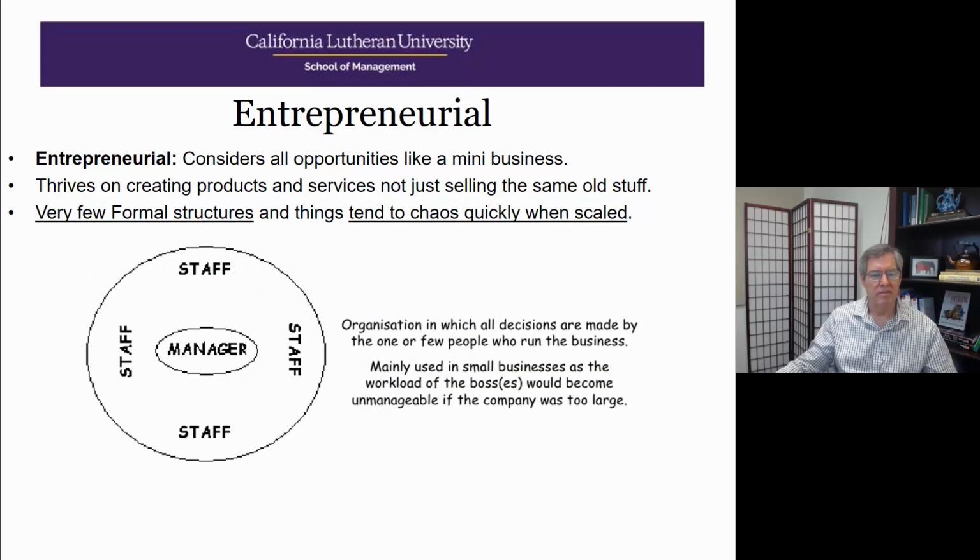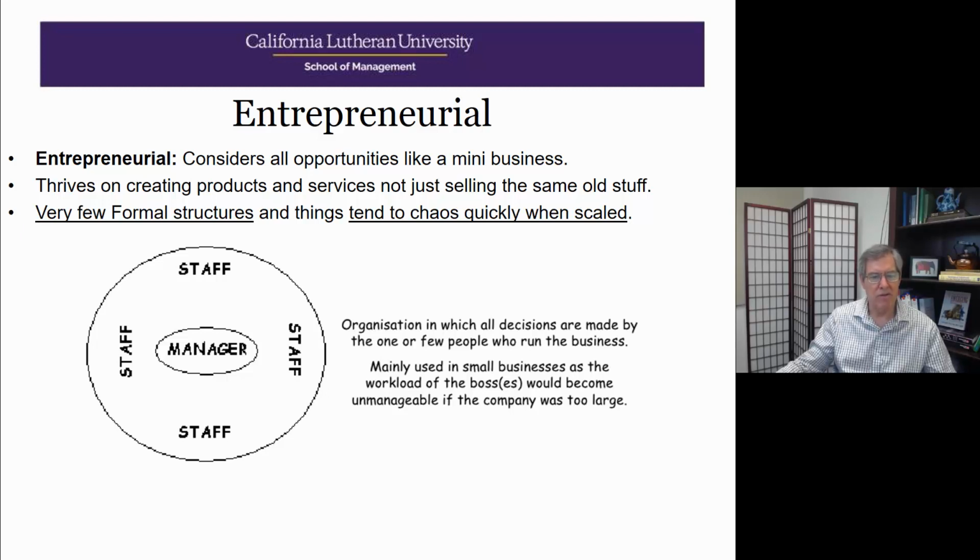The entrepreneurial model considers all opportunities like mini businesses, thrives on creating products and services, not just selling the same old stuff. Very few formal structures, and things tend to go chaotic quickly when scaled up. So again, the bigger it gets, you have to start moving into a flat organization, or you have to move into a bureaucratic organization.